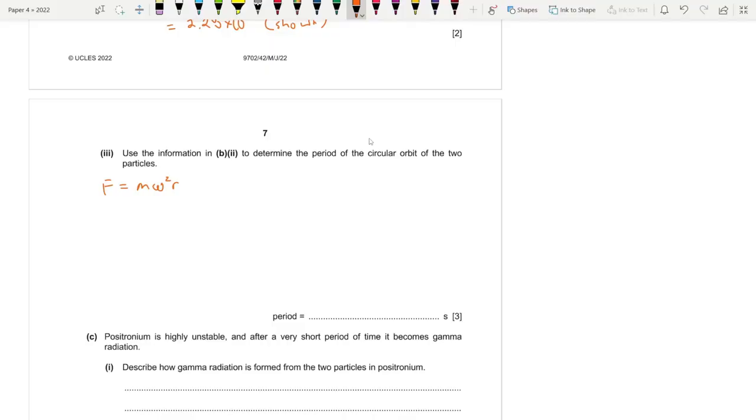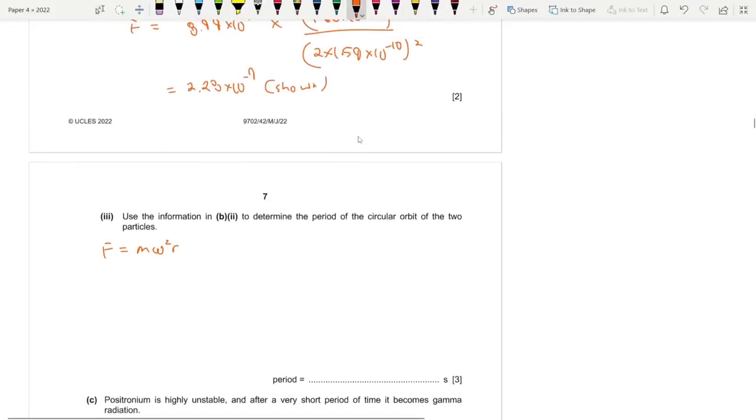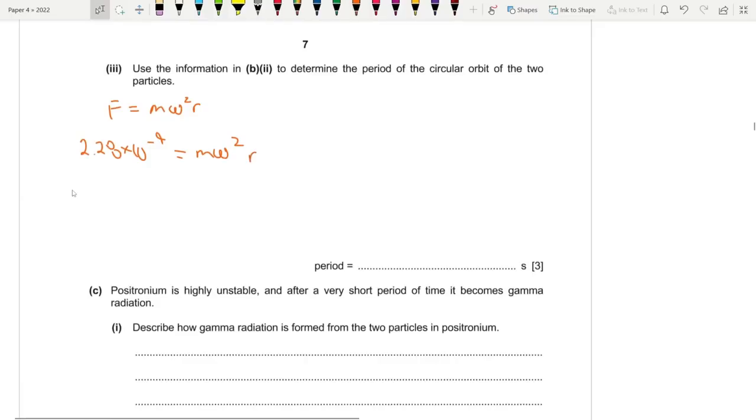So 2.28 into 10 power minus 9 is equal to m omega square r. Here r is the radius of the orbit and omega is equal to 2 pi by t. We know that, right?